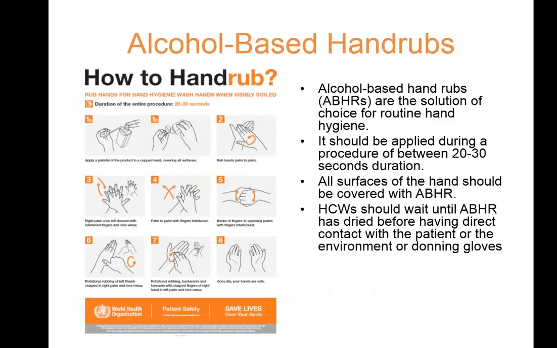Generally, they are applied for 20 to 30 seconds, and they involve rubbing the hands palm to palm, rubbing the right palm over the left dorsum, interlacing the fingers, repeating that on the other side, putting the palm to palm and interlacing the fingers again, rubbing the backs of the fingers, rotationally rubbing around the thumbs and vice versa, and making sure that what's done on one hand is done on the other, so that all surfaces of the hands have been covered.